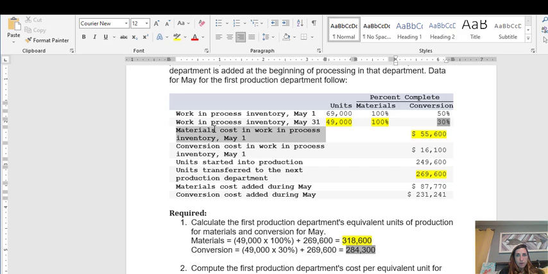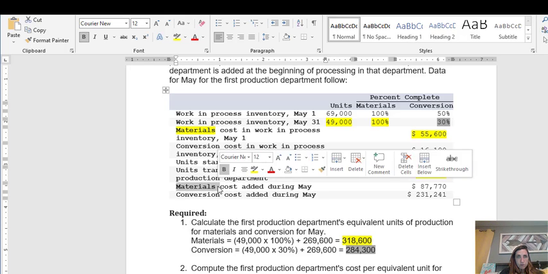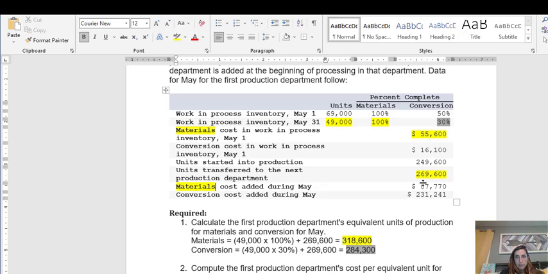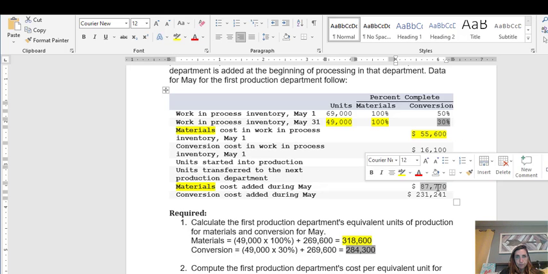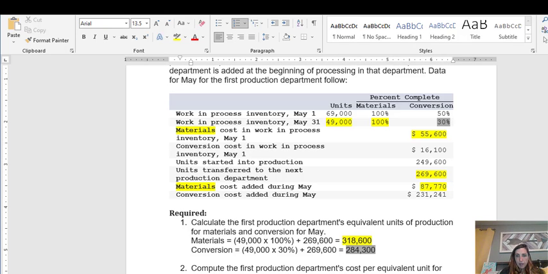I'm going to add that with the cost added for materials, the additional cost I incurred when I was trying to make more units. So I'm going to add these numbers together. It's going to be my numerator, and then I'm going to divide it by our equivalent units for materials.